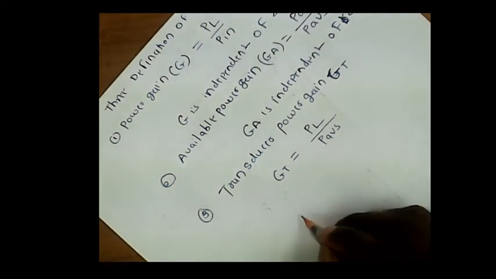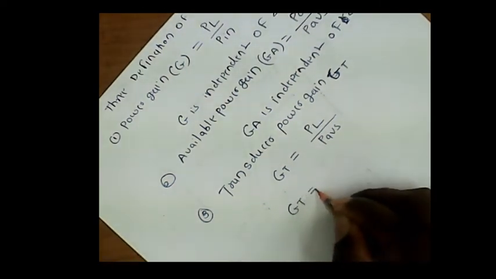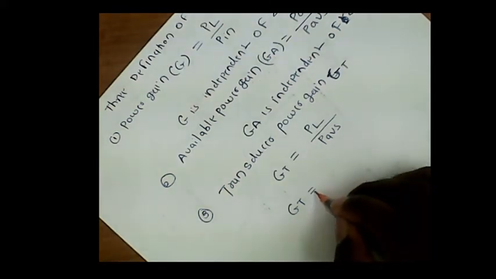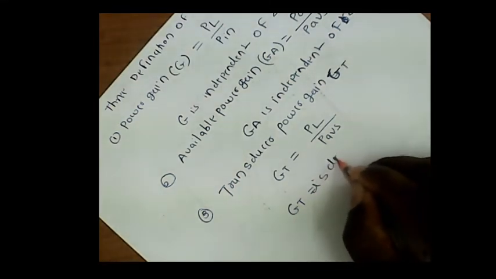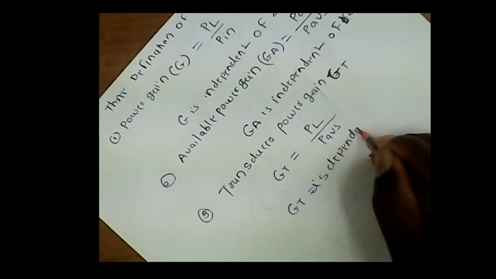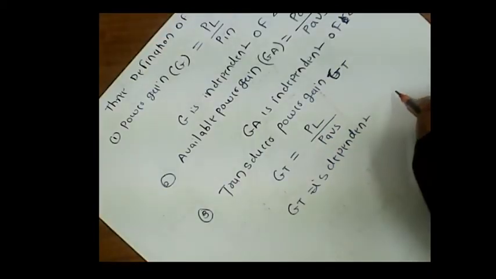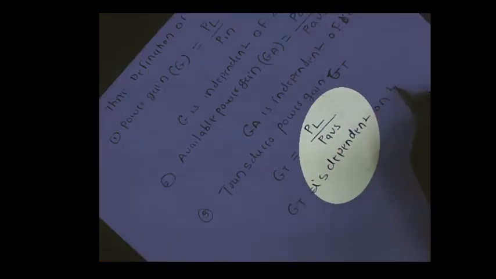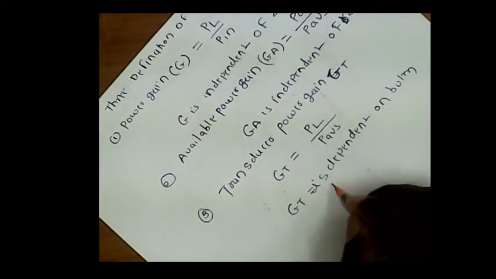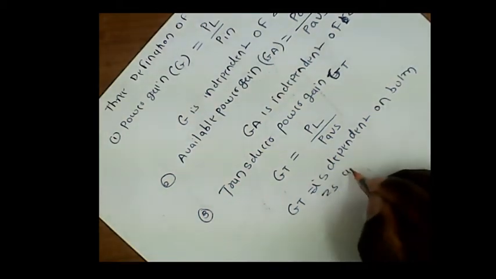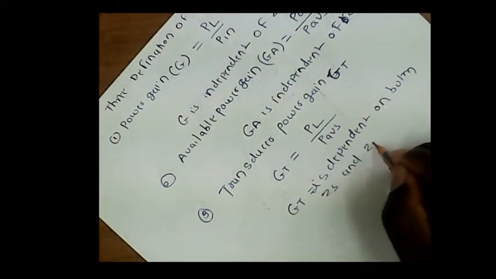So here the transducer gain is dependent on both ZL and ZS, on load impedance as well as source impedance.